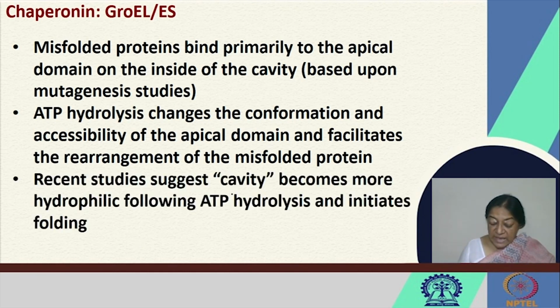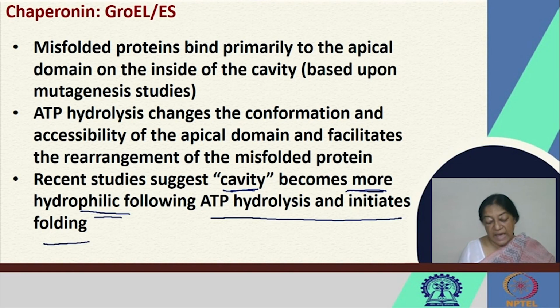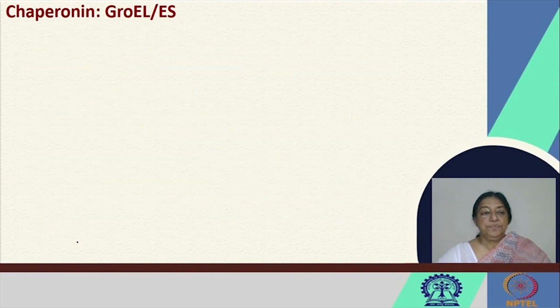Now, this cavity becomes more hydrophilic following the ATP hydrolysis and initiates, as was mentioned, a folding environment so that this misfolded protein can have an environment to fold in and try to fold correctly.